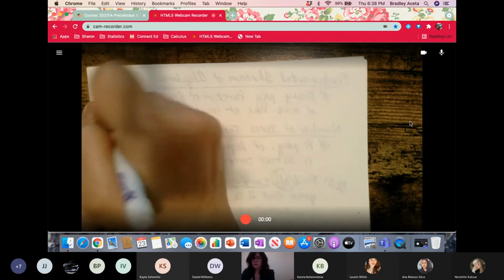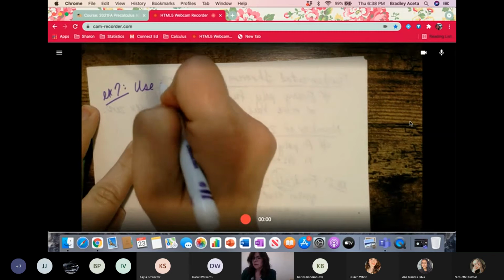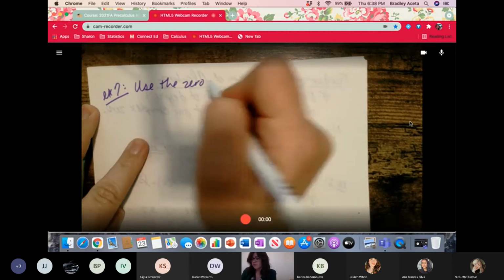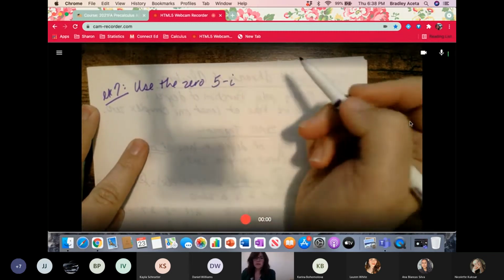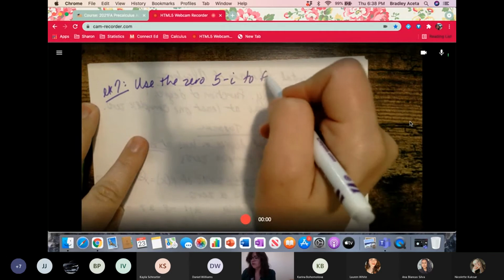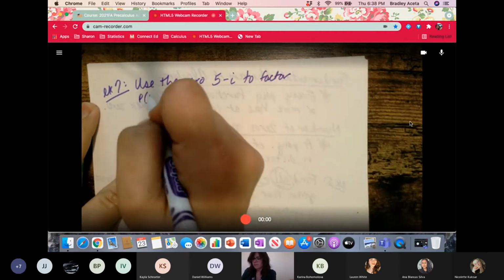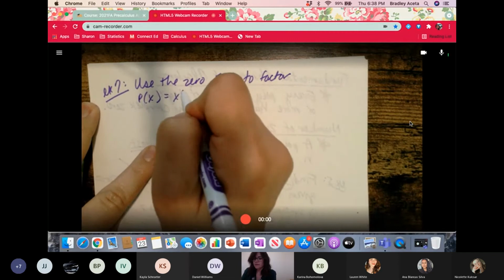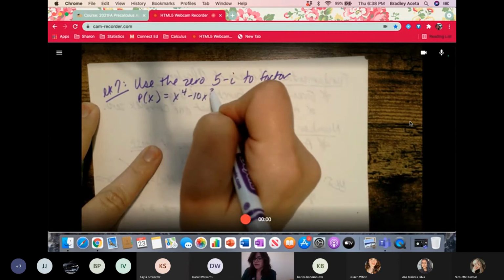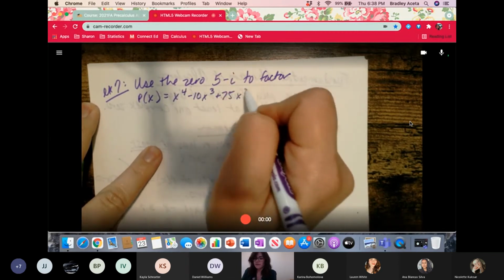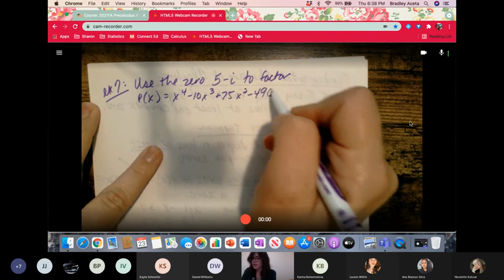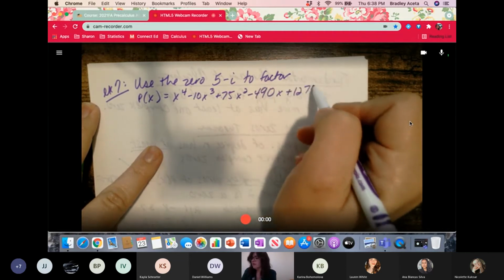There we go. Use the zero of 5 minus i to factor the polynomial x to the fourth minus 10x cubed plus 75x squared minus 490x plus 1274.